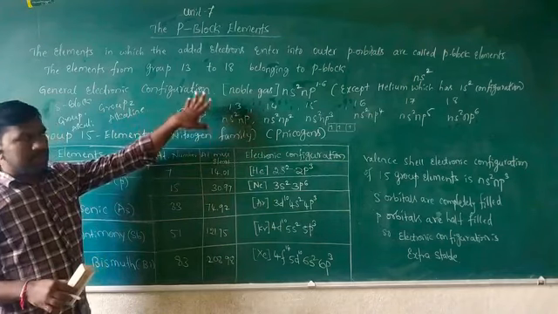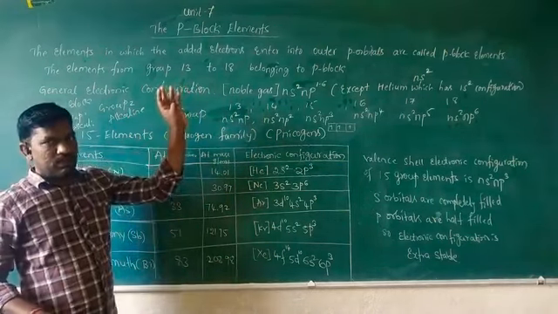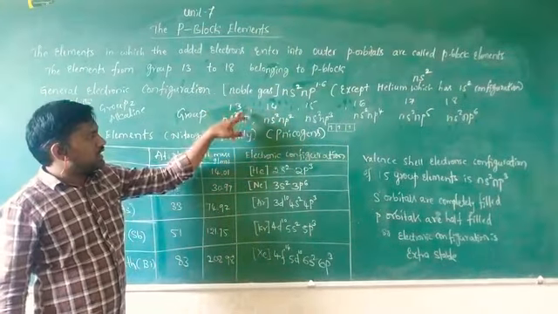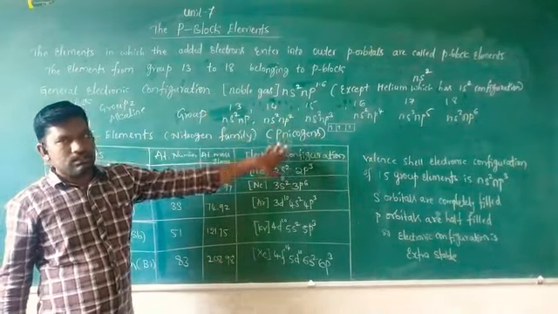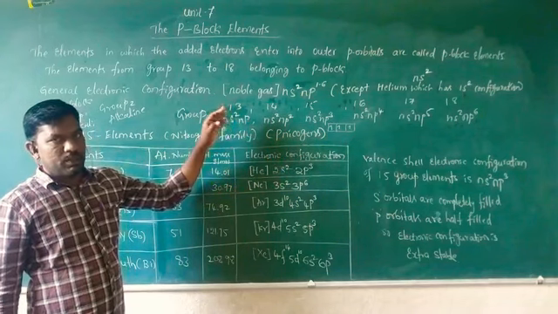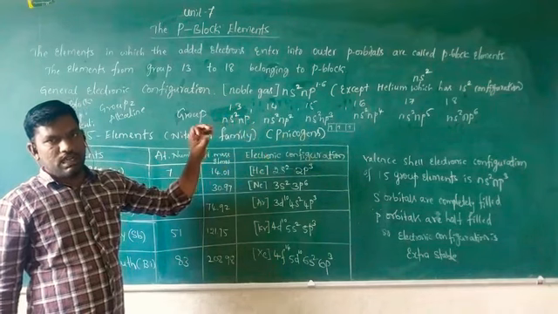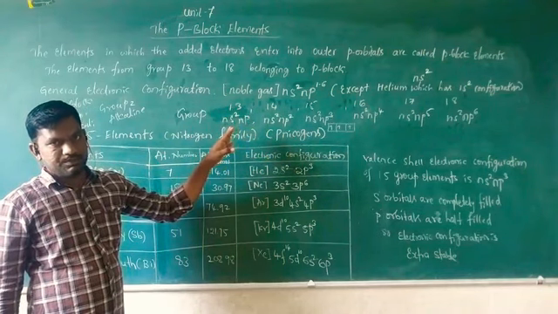Like that, p block elements were also studied: group 13 and group 14 elements, the boron family and the carbon family, some important compounds of boron, some important compounds of carbon, and other types of carbon.